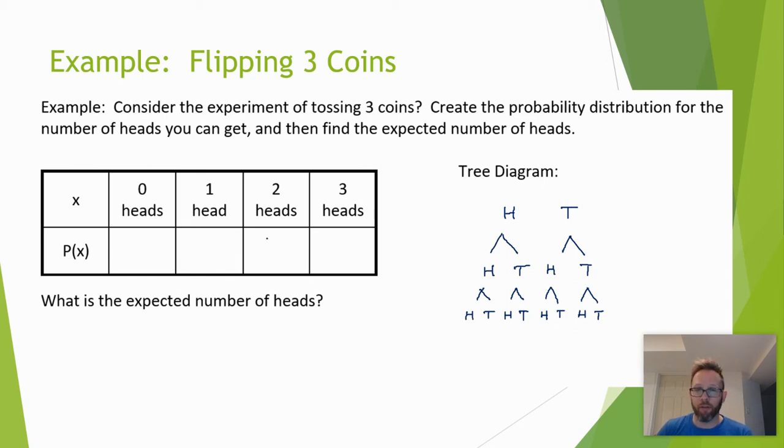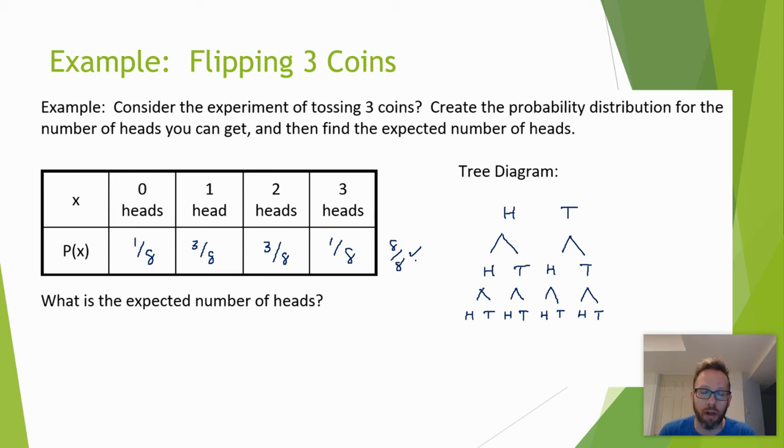And you can see there is 1 branch, all tails, out of 8 that has no heads. In the same way, there's 1 out of 8 that has 3 heads. And then using symmetry, or just by counting them up, there were 3 different branches that have 1 head, and there were 3 that have exactly 2. And those do add to 8 out of 8. Everything's good. We've done this before, but this is the distribution for the number of heads.